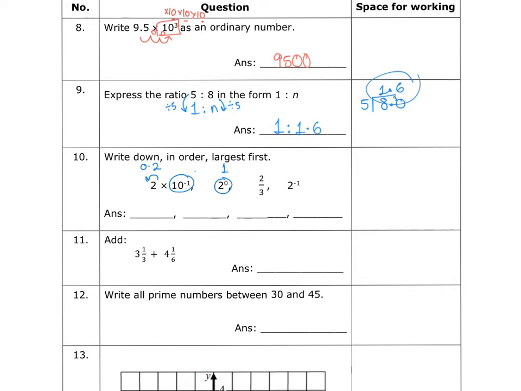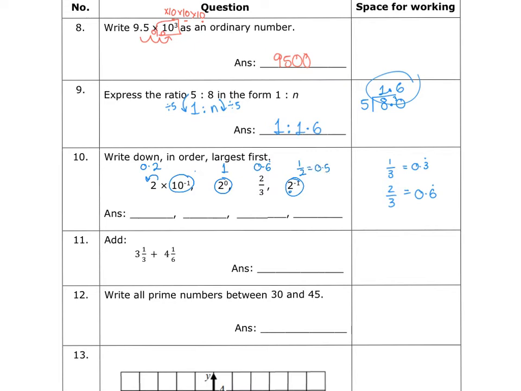Now 2/3, these you have to remember. 1/3 is 0.3333 recurring. 2/3 is twice that amount, so 0.6 recurring, that's 0.66666. 2 to the minus 1, when we have a negative power, that means the reciprocal of the base, the reciprocal of 2, which is 1/2, which is 0.5.